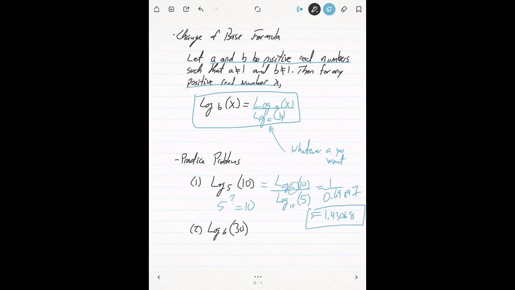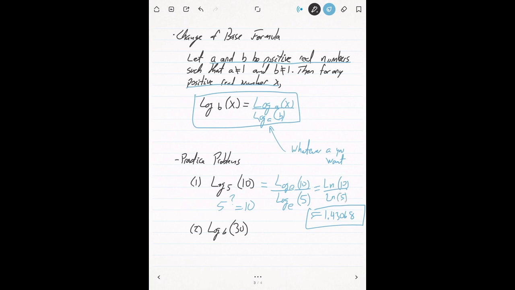And again, you can make your base whatever number you want. Make it something convenient for you to use. Here, I chose the value 10 because that's what my calculator already had programmed in. But I could also change this around. I could say instead of 10, why don't I use the number e? Why don't I have a base of e? So in this situation, I'm essentially saying to take the natural log, ln of the number 10, and ln of the number 5.